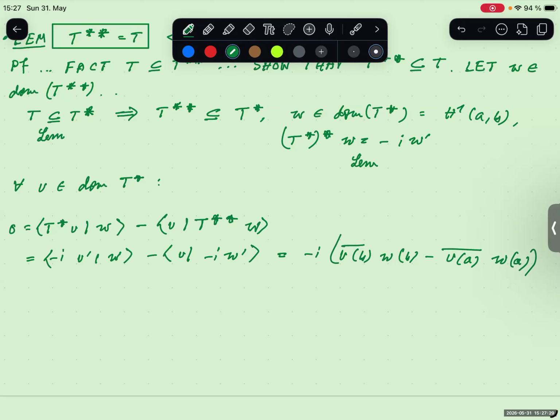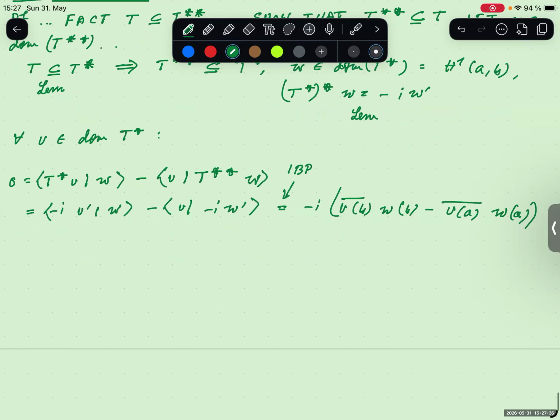And this is again our old friend, integration by parts. So this is actually a very usual trick. Those who are not familiar, when you want to prove something about an adjoint with a differential operator, if we have no idea what to do, at least the first guess is to do integration by parts, if it is possible. Okay.